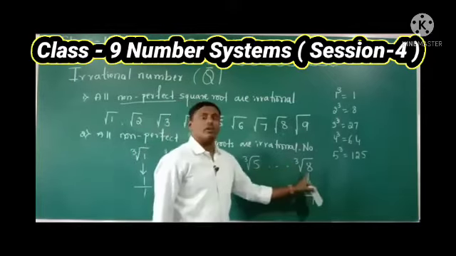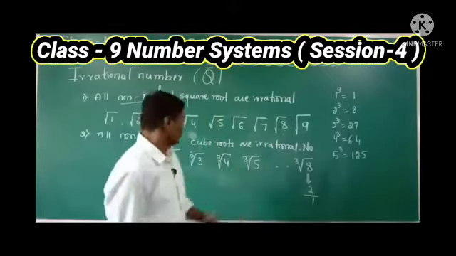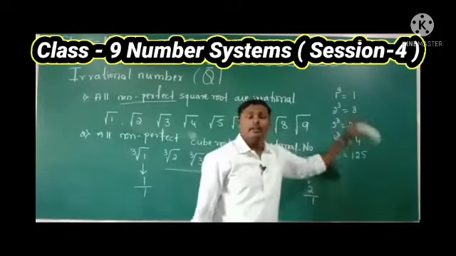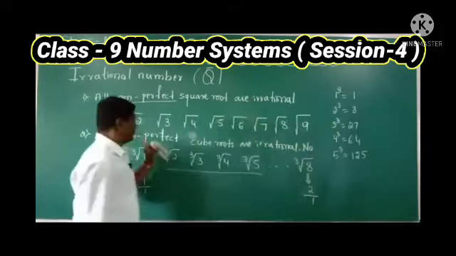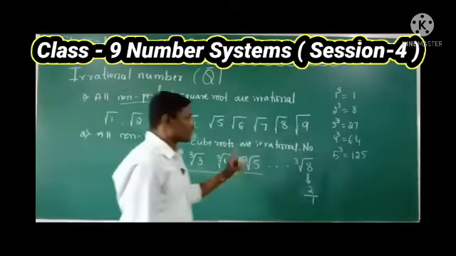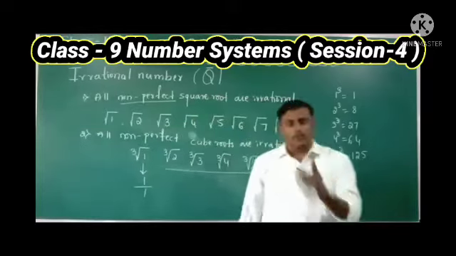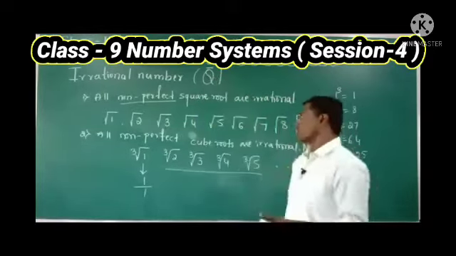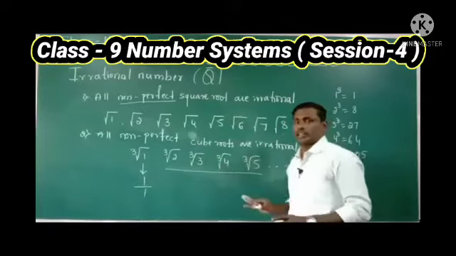So cube root of 8 is also a rational number. Perfect cube roots are considered rational numbers. Non-perfect cube roots are considered irrational numbers.